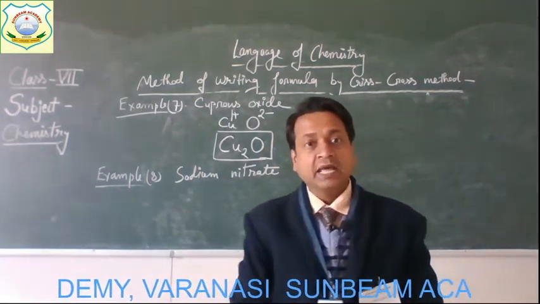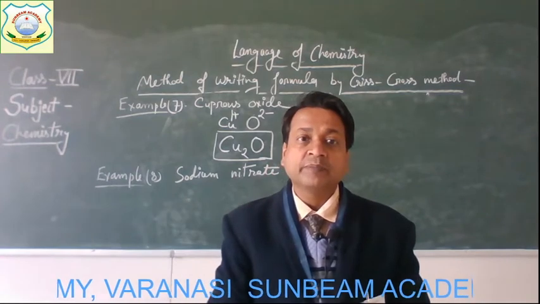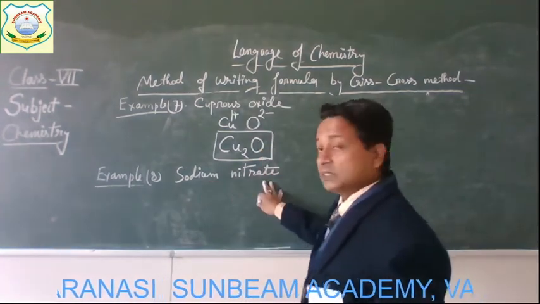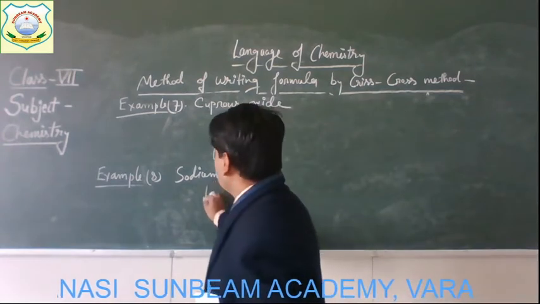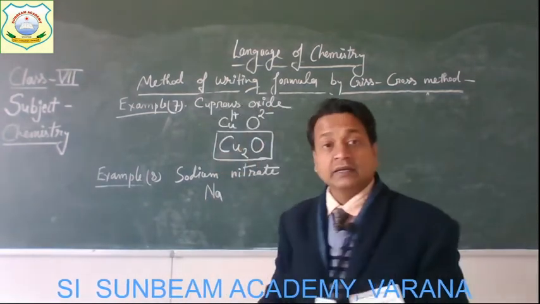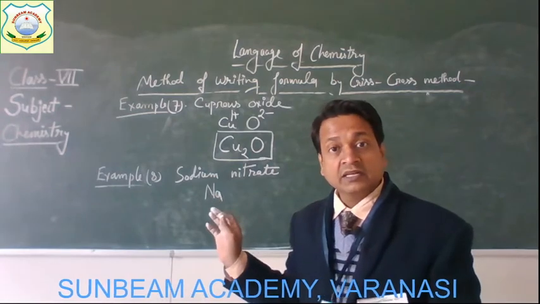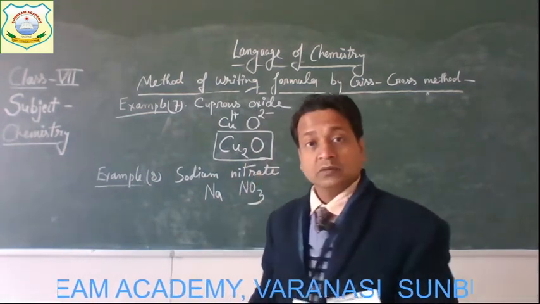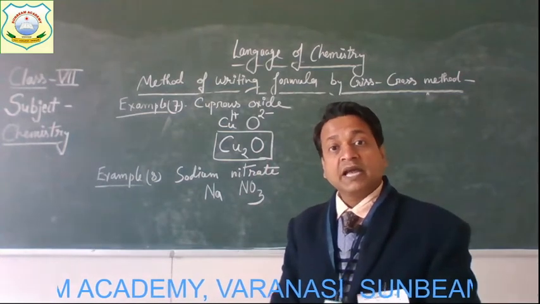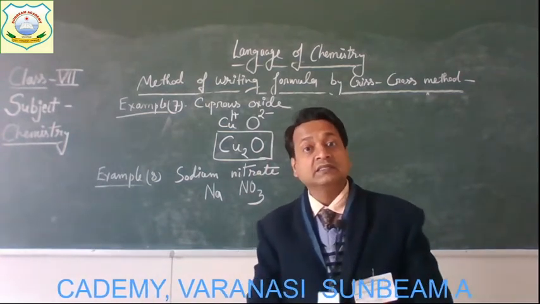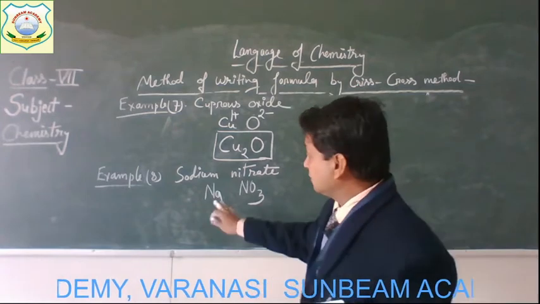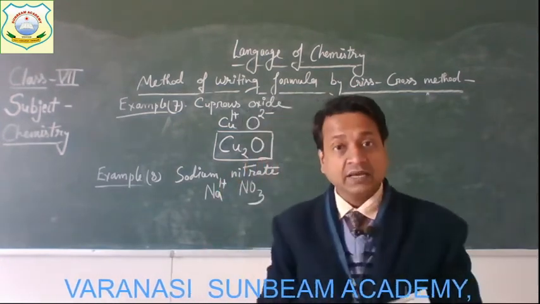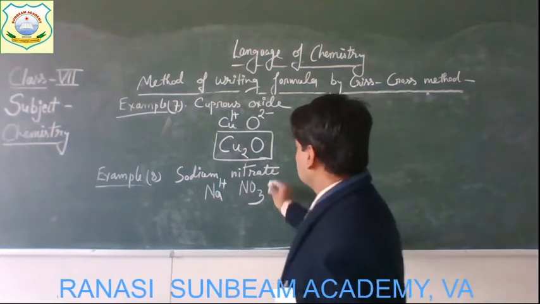Now the next example, we will write the formula of sodium nitrate. In the first step we will write the symbols of these two. The symbol of sodium is Na and nitrate is NO3. Now we'll write the valencies at the top. The valency of sodium is +1 and the valency of nitrate is -1.